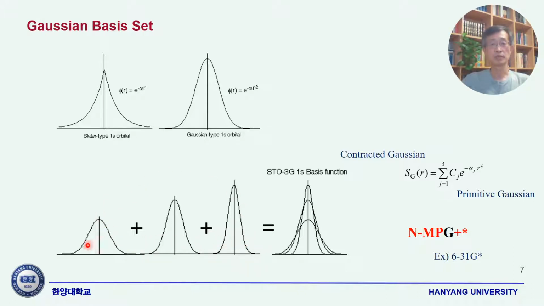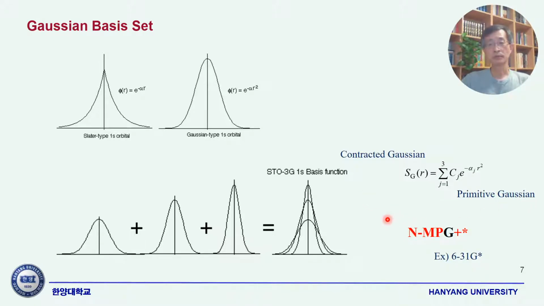These 1, 2, 3 are called primitive Gaussians. A linear combination of primitive Gaussians makes what we call a contracted Gaussian. So a contracted Gaussian is used instead of just 1 Gaussian function to mimic the Slater type orbital. In this case, we call it STO-3G. It's a code name for the basis function, which is a contracted Gaussian made of 3 primitive Gaussians.